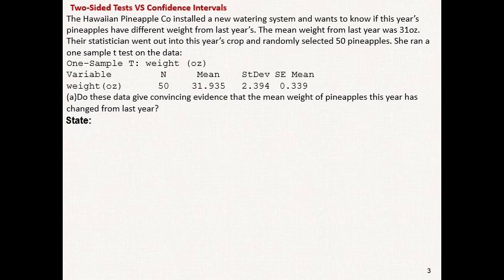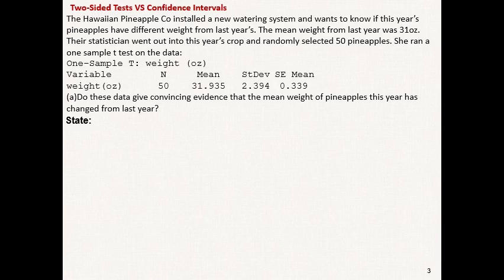The standard deviation for the sample, so that's S, is 2.394. And then they go ahead and calculate the standard error as well, which is just that standard deviation of 2.394 divided by the square root of 50. So you don't even have to calculate that if you don't want to.